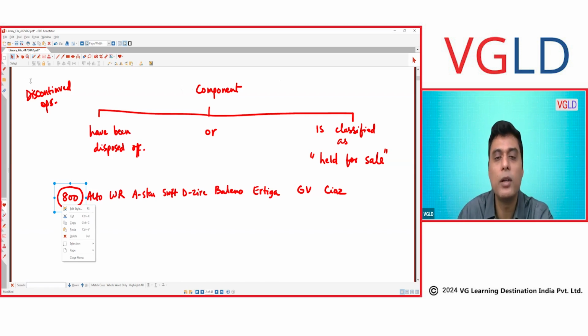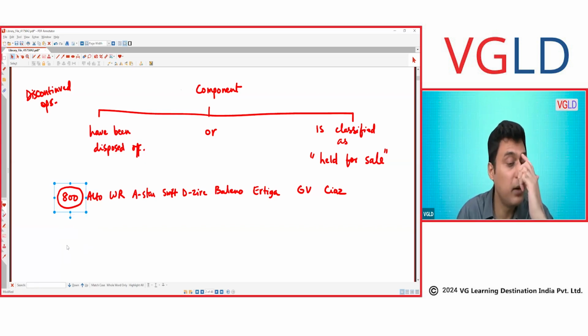We are talking about an assembly line, a factory, a business. They sell it off to some other player. They might rebrand it, sell it by some other name, whatever. But the question is, if Maruti 800 meets the definition of a component and Maruti as a company decides to sell it off, then it will come under discontinued operations.